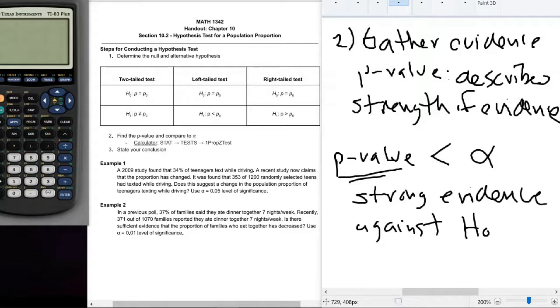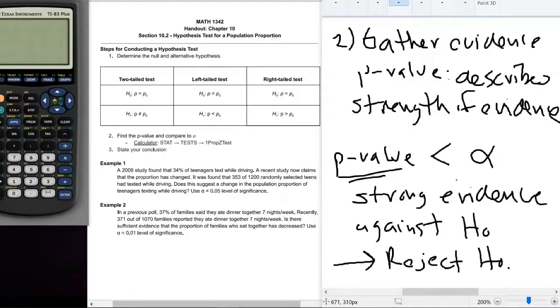And if it's strong evidence against the old claim, then we can reject the old claim. We can reject it. And that's the goal. We're coming in with our own claim, with the alternative hypothesis, and we're looking to support it with strong evidence. And if we have strong evidence, we will reject the claim, the null hypothesis.